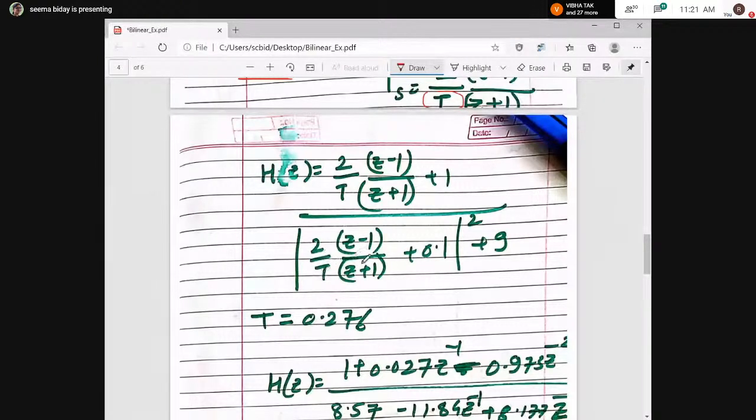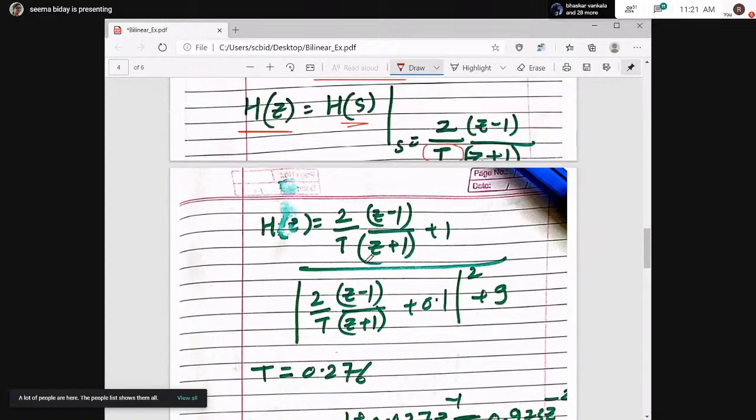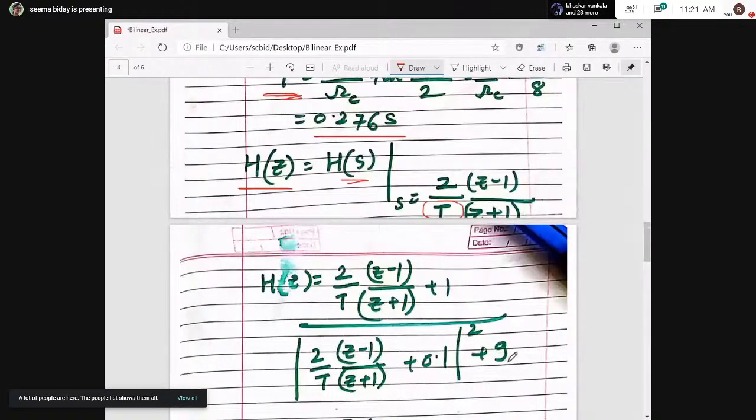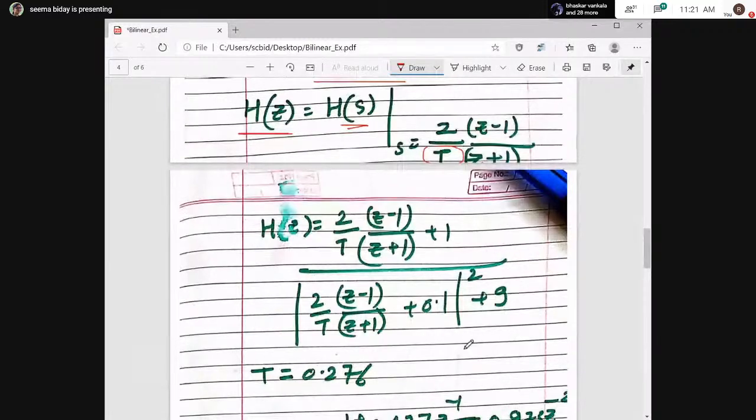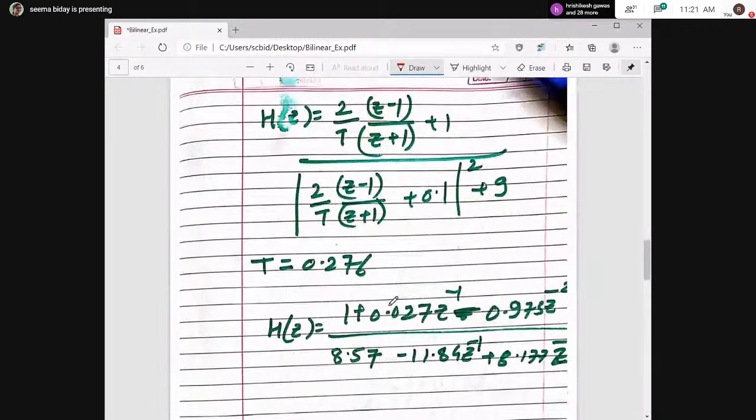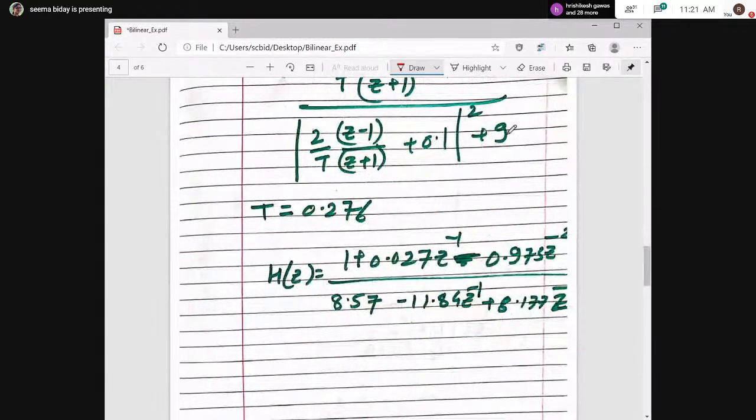H of s is 0.1 squared, S plus A, that is Z plus A, S plus A, right? S is replaced by 2 by T, Z minus 1 divided by Z plus 1, divided by, what was there? S plus A its square plus 9, or A square, right? So now this is omega c square.